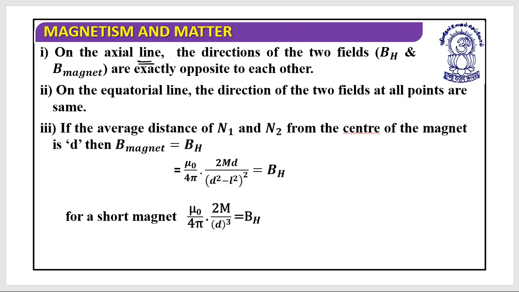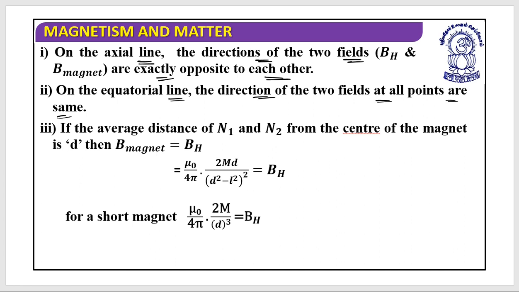On the axial line, the directions of the two fields are exactly opposite to each other, and on the equatorial line, the direction of the two fields at all points is the same. On the equatorial line, there would be no null point, because every magnetic field has the same direction.